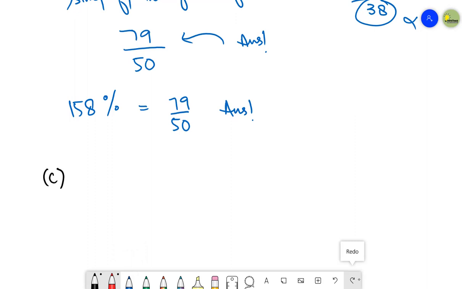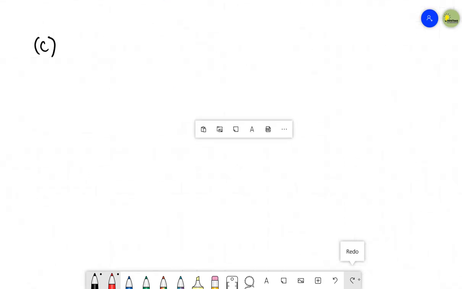In part C, I am given a decimal number, 12.4%. It is not a whole number, it is not an integer, it is a decimal number. So we need to see how we can convert a percentage given in decimal into a fraction.